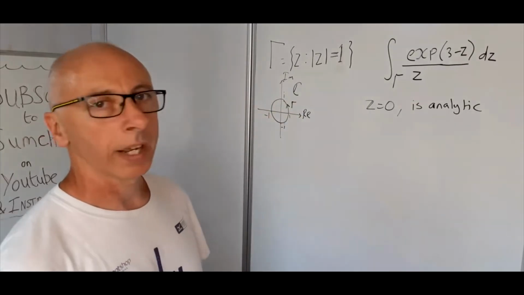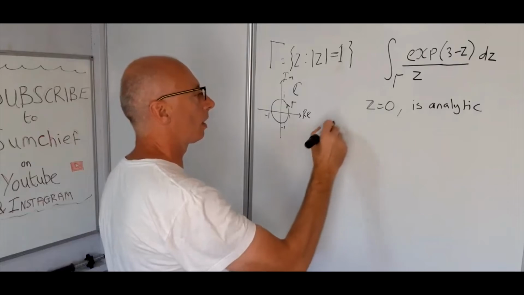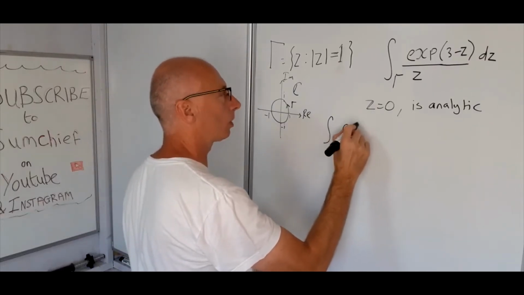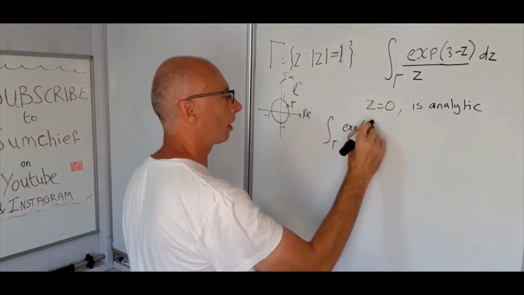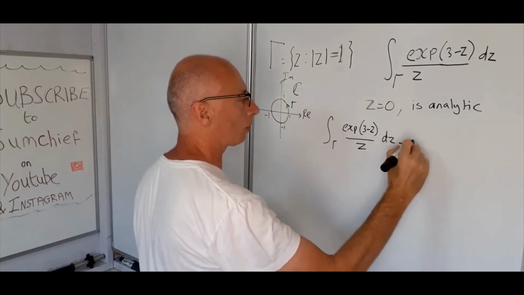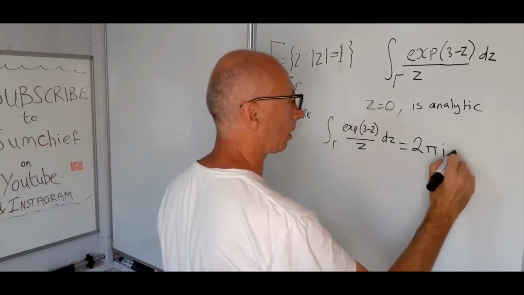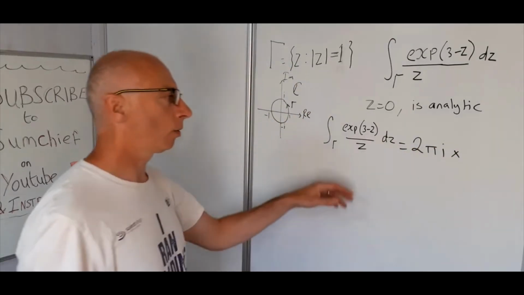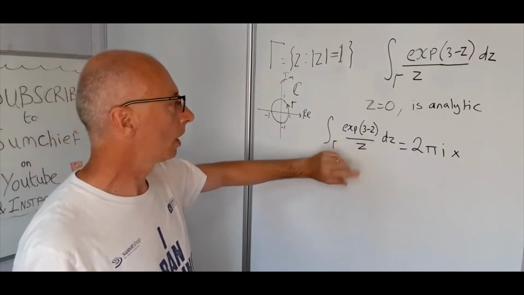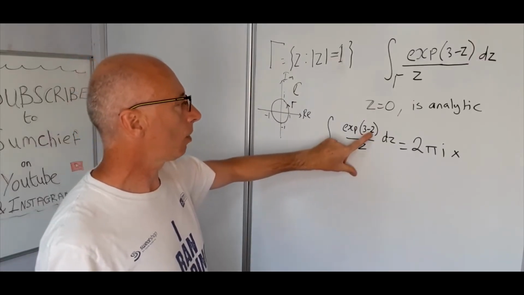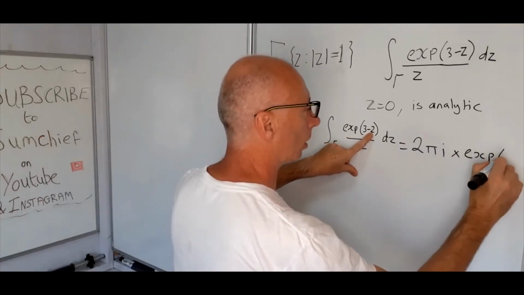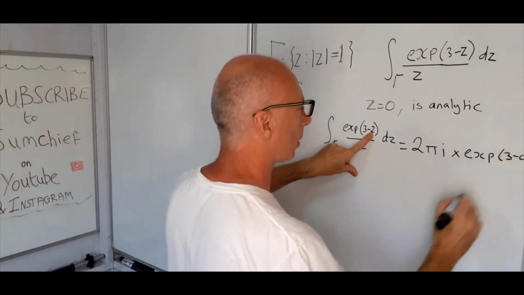So all we have to do now is say the integral on gamma of exponential of 3 minus z, dz over z, equals 2 pi i times, and this z will disappear because we just plug in 0 for z here. So we put exponential of 3 minus 0.